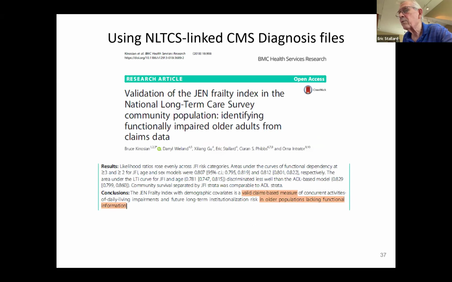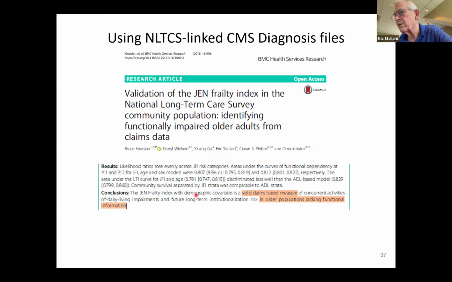Okay, so that sets up a motivation. We know there's declines. We know ADL and cognitive impairments have different behaviors. So we can ask, what else can you do with the survey? Here's a citation for a validation of the Gen Frailty Index. There's several indexes that are built on CMS data.